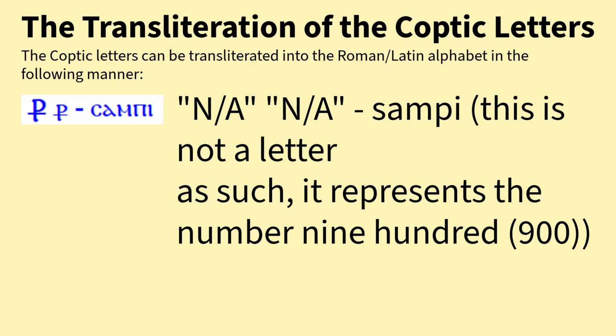It represents the number 900, just as the symbol for the sixth letter represented the number 6. So sambi represents the Coptic word meaning 900. It's simply a symbol, really, but it's included in the alphabet.